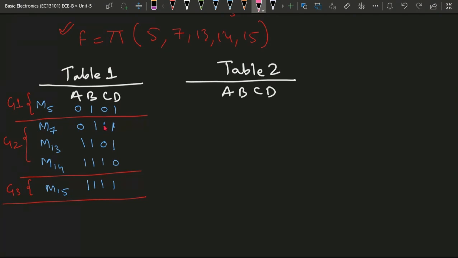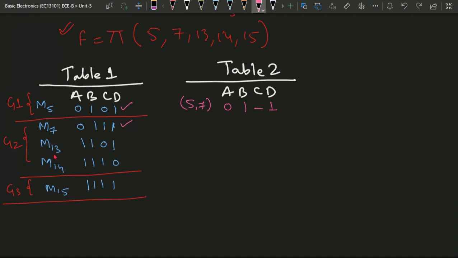So only one bit change is there. If only one bit change is there, we will make the grouping. So 5 and 7 will be grouped together. Here the second bit from the right side is changed, so the remaining bits will be 0 1, dash, and 1. These two are compared and have only one bit changing, so it will be tick marked.